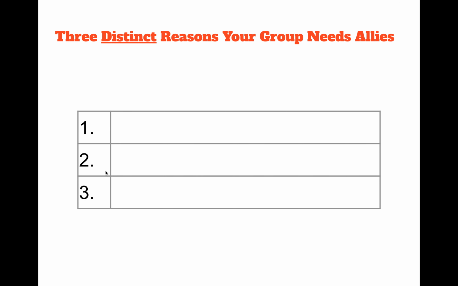The second reason might be that they're often mistreated in other countries because being left-handed is looked down upon. And then your third reason might be that they have to adapt more often to a right-handed world. I don't know. But you need 3 distinct, which means different reasons your group needs allies.